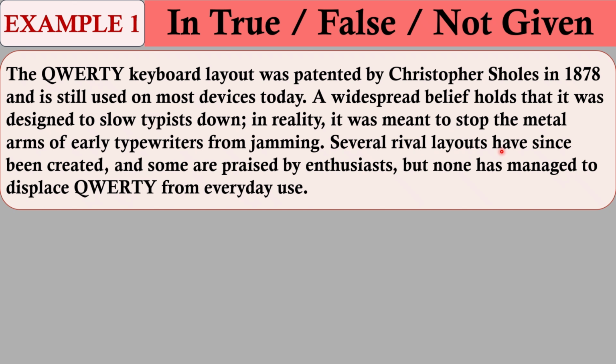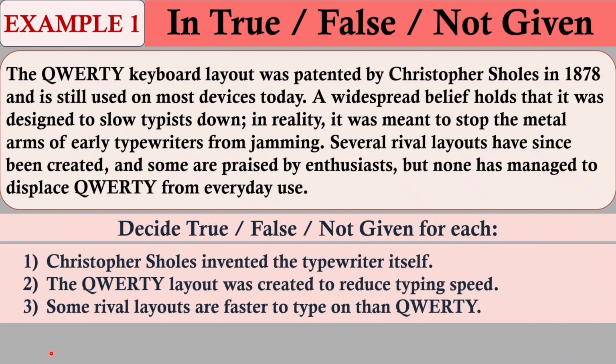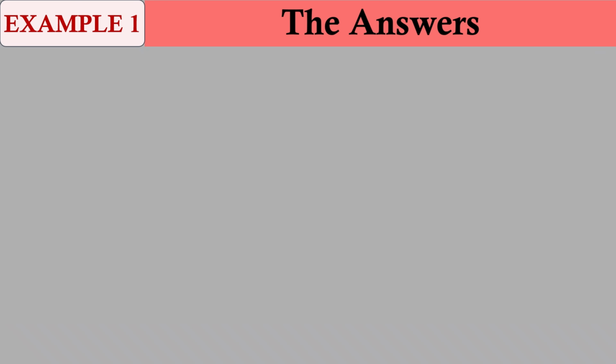Several rival layouts have since been created, and some are praised by enthusiasts, but none has managed to displace QWERTY from everyday use. Pause the video here, decide on your answers, and most importantly, try to point to the words that prove it. Let's check your answers.